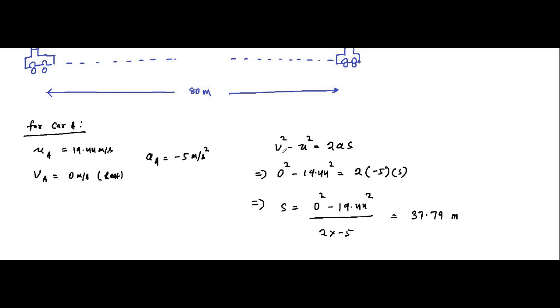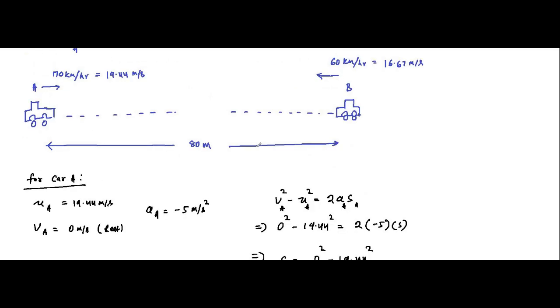So SA is 37.79 meters. It means car A traveled a distance of 37.79 meters before coming to rest. Let's say at this point it came to rest, car A.